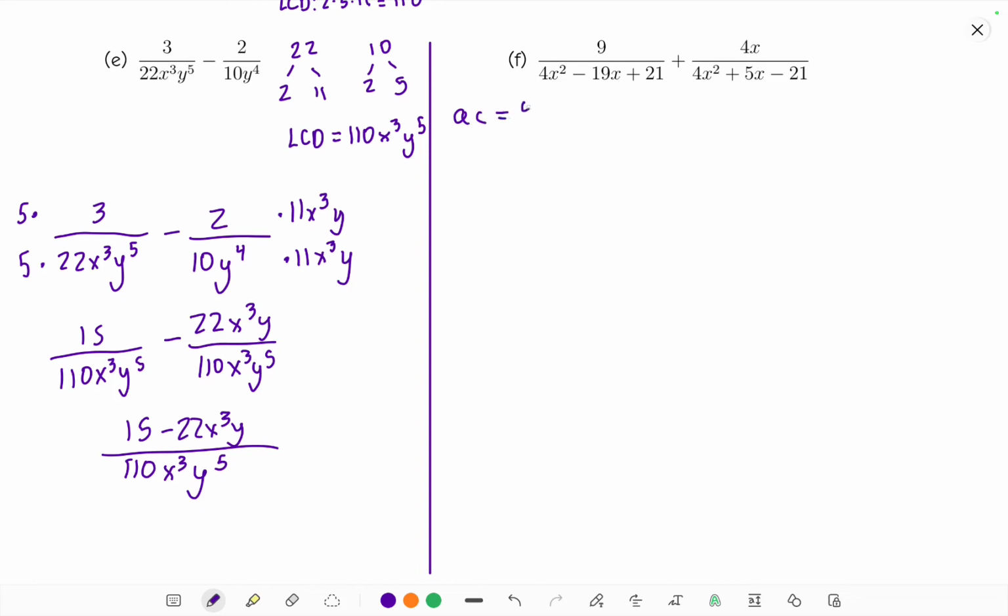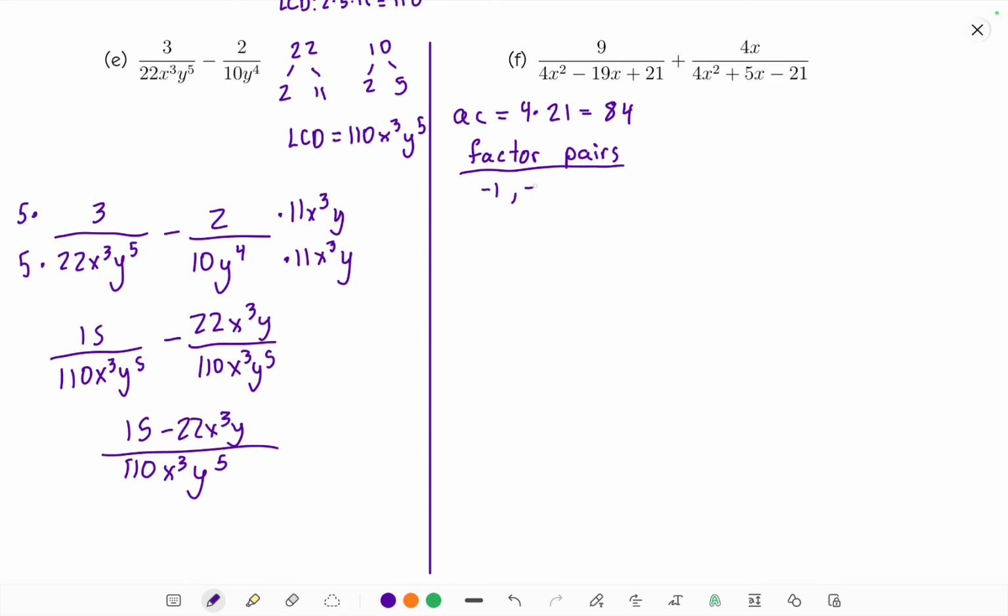AC is 4 times 21, which is 84. Then our factor pairs. They're either both positive or both negative, and since we need to add up to negative 19, that means both negative.